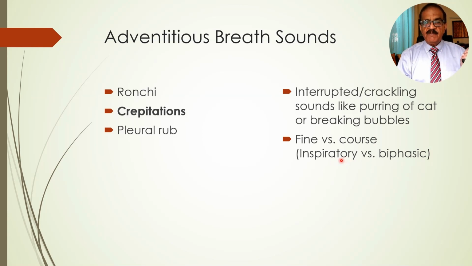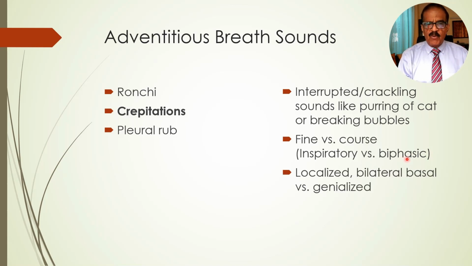For example, if somebody has bilateral basal fine crepitation, that would indicate heart failure. Localized fine crepitation may be a sign of pneumonia. Bilateral basal coarse crepitation may be indicative of fibrosis. Generalized coarse crepitation may be an indication of bronchiectasis or some other advanced lung disease like COVID pneumonia.